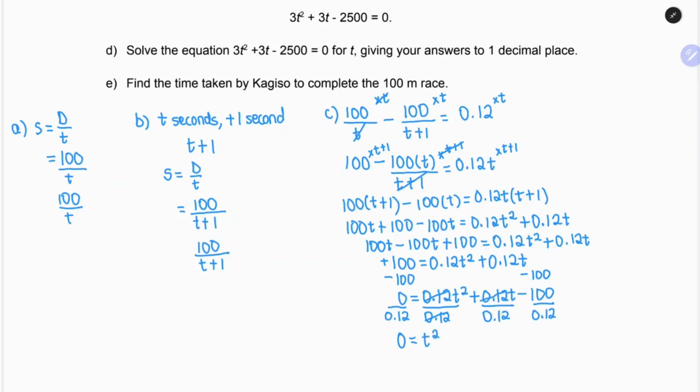And then this 0.12 again will cancel out this one. t squared plus t minus 100, as I put negative 100 divided by 0.12 into the calculator, I remain with 2500 divided by 3. And this is in the form of an improper fraction.